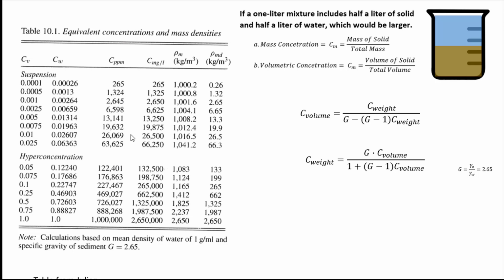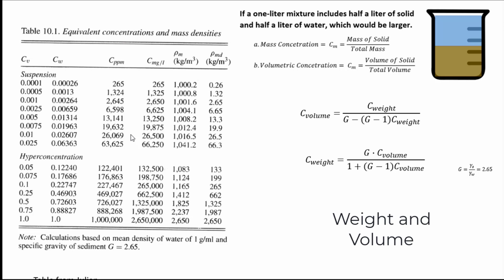People will ask me, how do you convert parts per million to milligrams per liter? I'll say, you just did, right? That's essentially the same. But as you get into hyperconcentrated flows, parts per million and milligrams per liter start to diverge because the concentration by mass and the concentration by weight are so different.